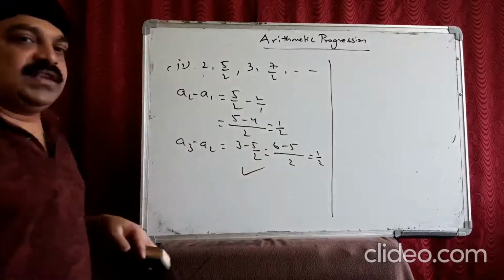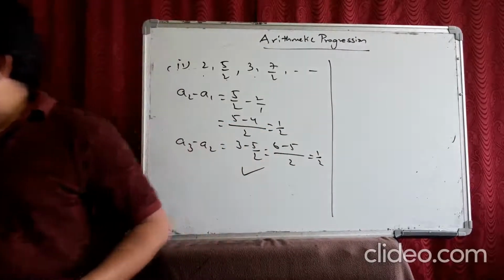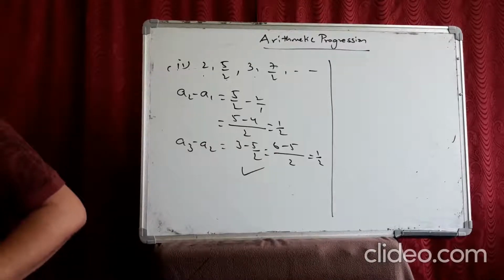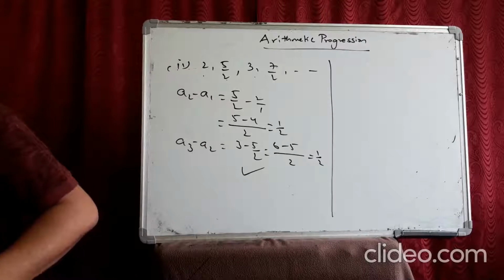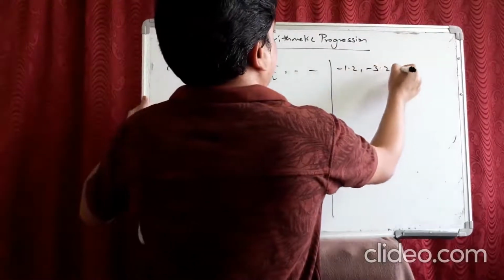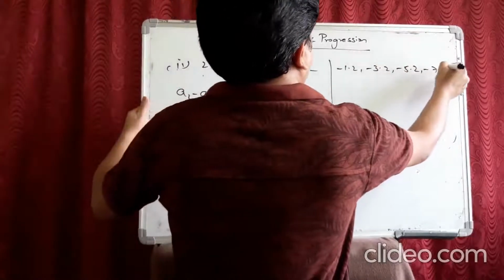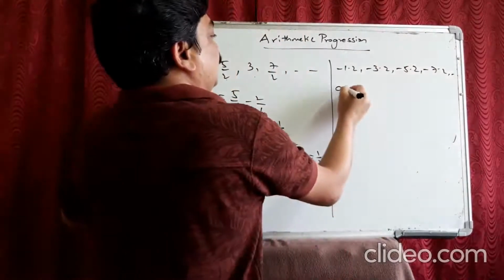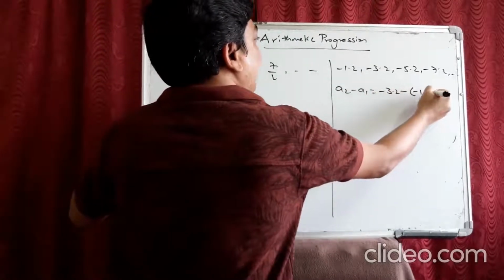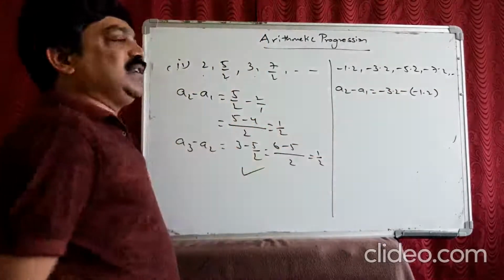And what is the difference? 1 by 2. Let us take one more problem, with negatives: minus 1.2, minus 3.2, minus 5.2, and so on. A2 minus A1: minus 3.2 minus 1.2. See, put a bracket.